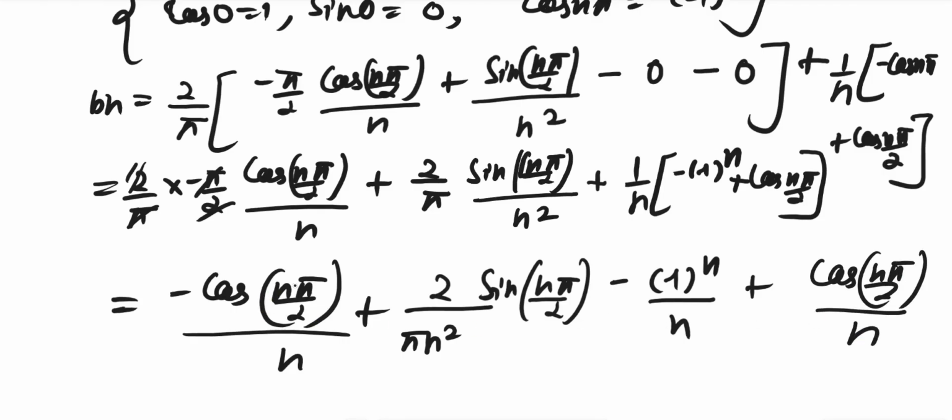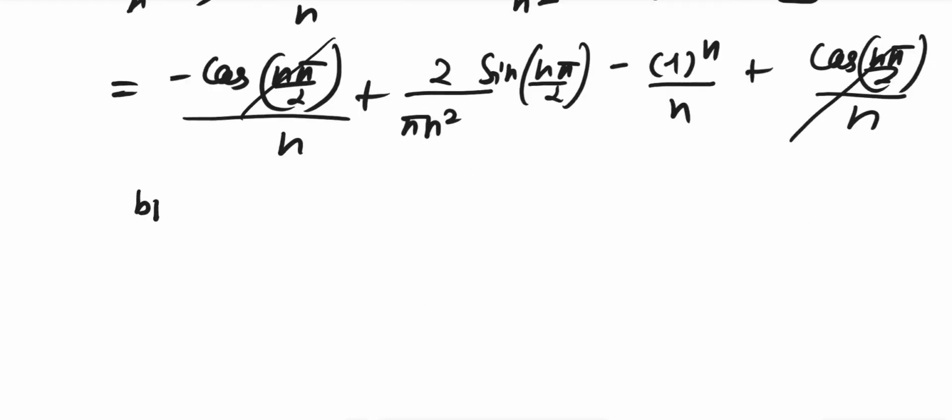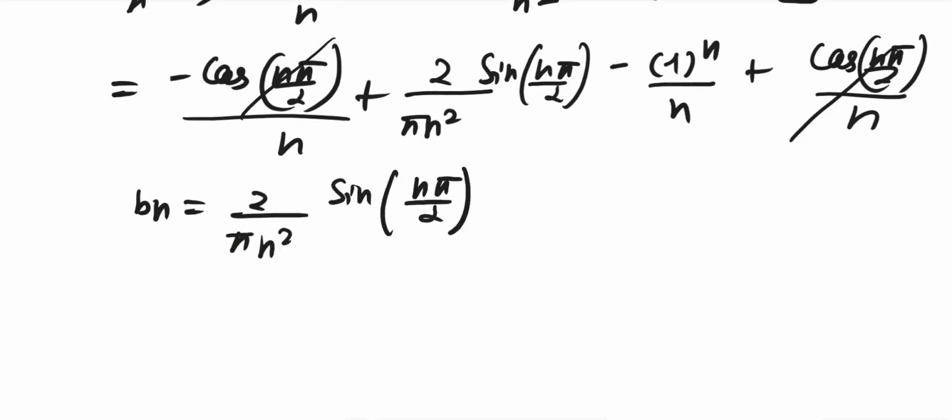Now these two terms are same, so they cancel. This gives bn is equal to 2 upon pi n square sin n pi by 2 minus 1 raised to the power n divided by n.